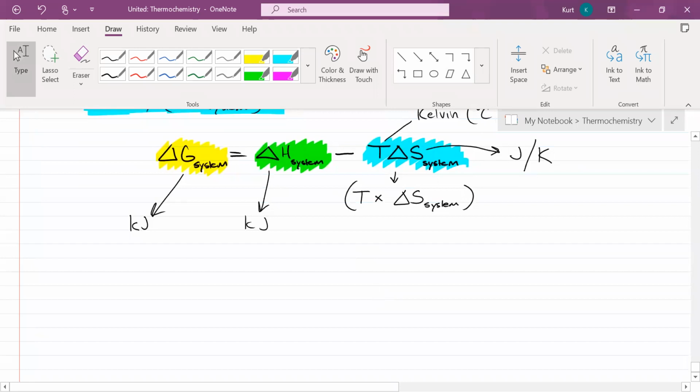Okay, let's talk about reaction spontaneity when it comes to Gibbs free energy.